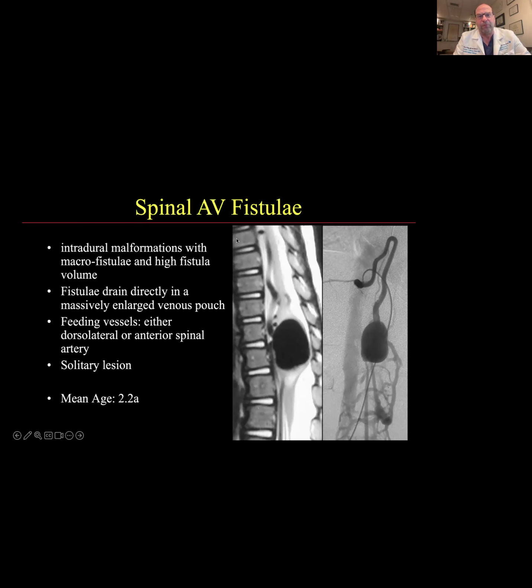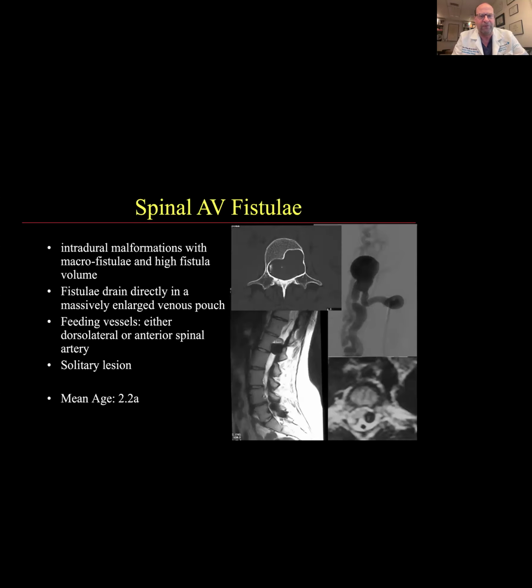This type of arteriovenous fistula was mainly present in the younger age group, i.e., the mean age from the French series was only 2 years of age.